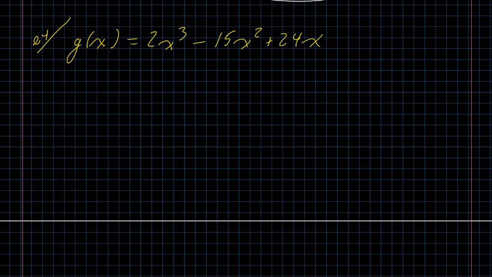So here's another cubic polynomial for you. G of x is 2x cubed minus 15x squared plus 24x minus 7.